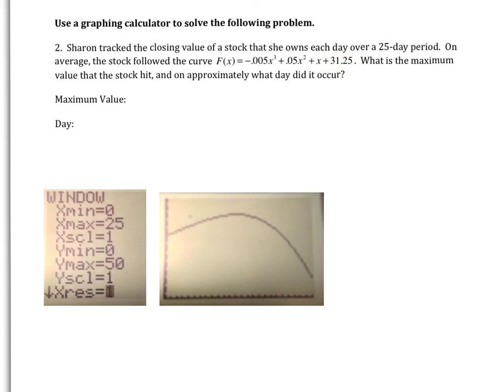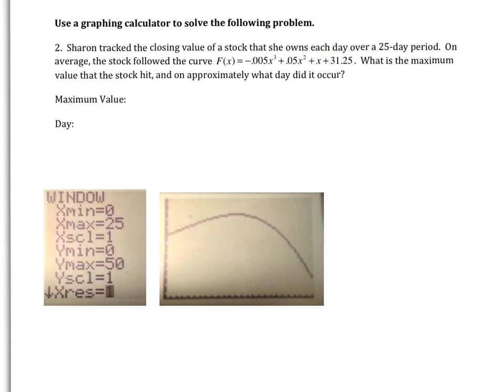So now we want to know what is going to be the maximum value of the stock and what day did it occur. So we want to find the maximum of our function. And in order to do that, we're going to hit second calc and go to maximum, and then make sure the spider is first to the left and then to the right of where we think the maximum is.